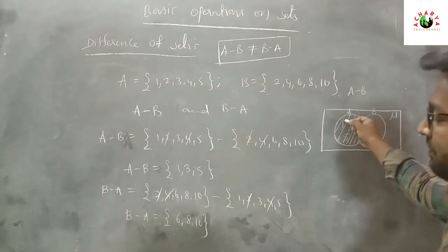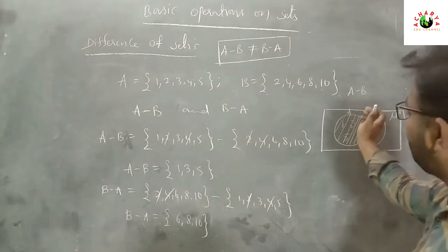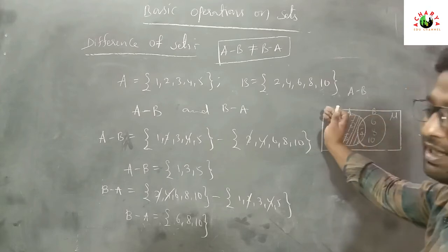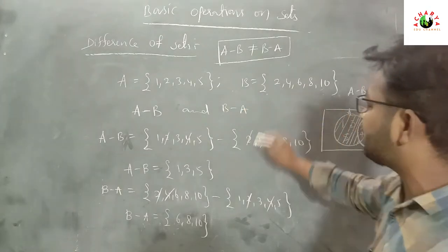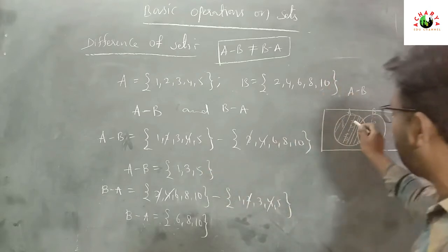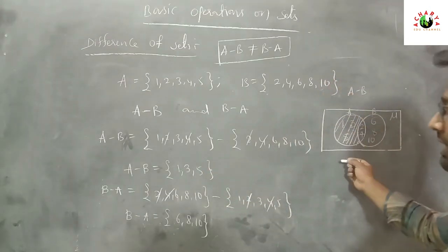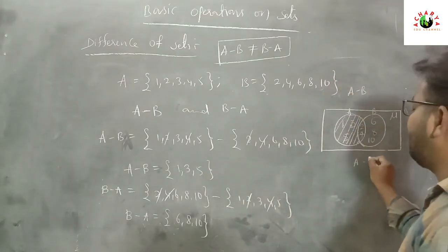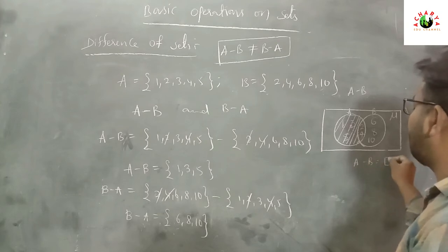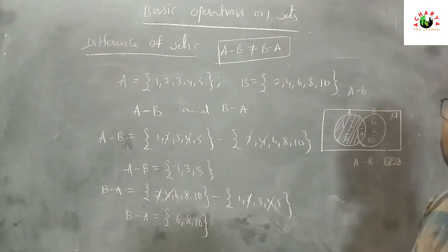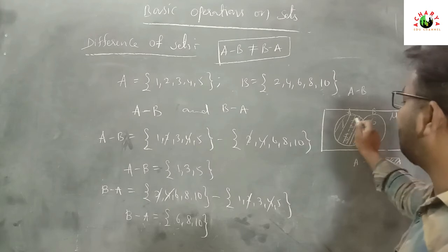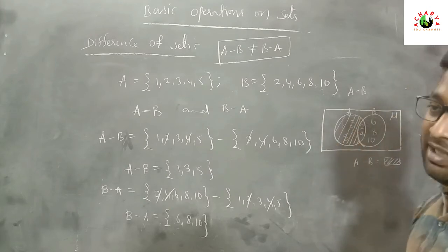We only shade 1 3 5, the remaining elements. So finally, A minus B is this shaded part, which indicates 1 3 5.